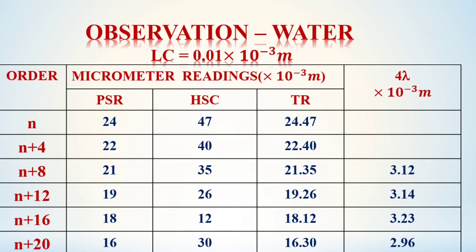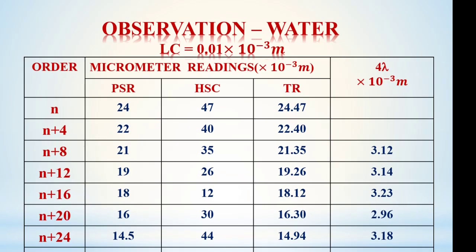Here, the readings are taken in a micrometer scale which is attached to the ultrasonic interferometer, and the least count of that micrometer is 0.01 millimeters or 0.01 into 10 power minus 3 meters. This set of reading is taken by keeping the gain at 50.